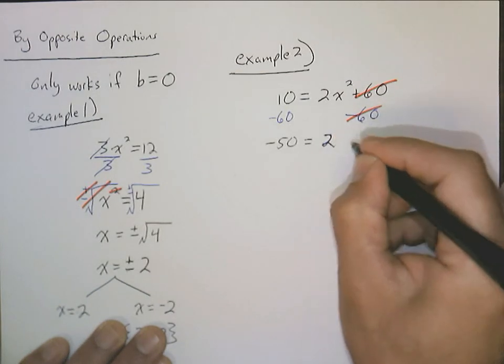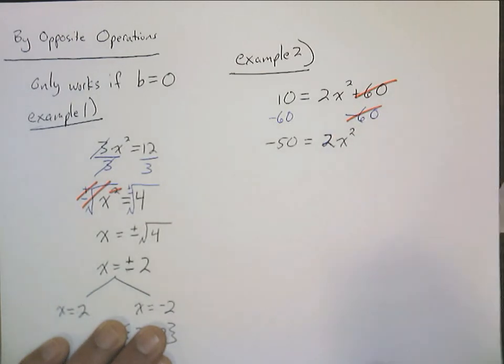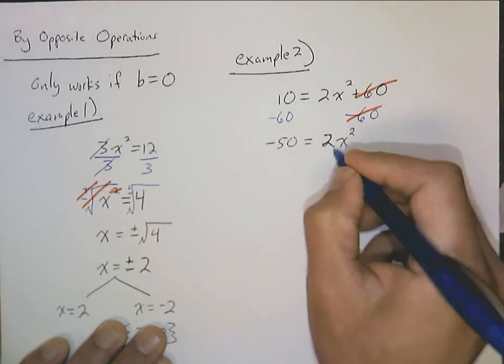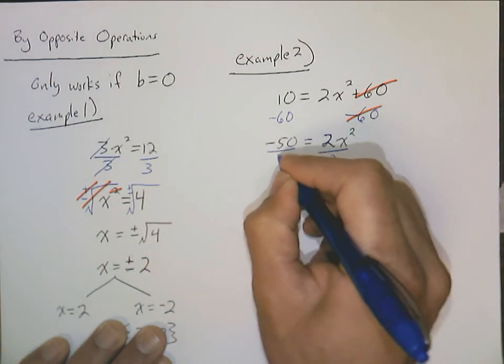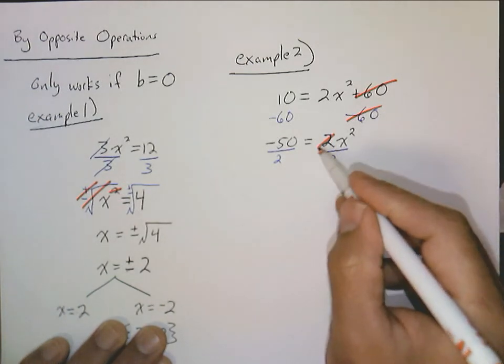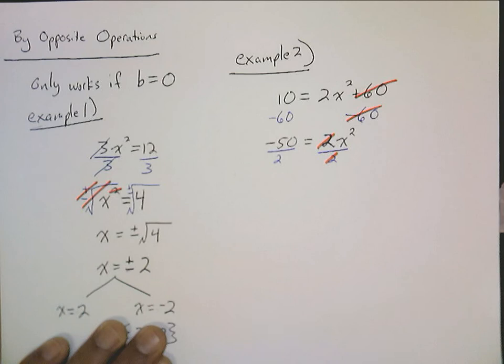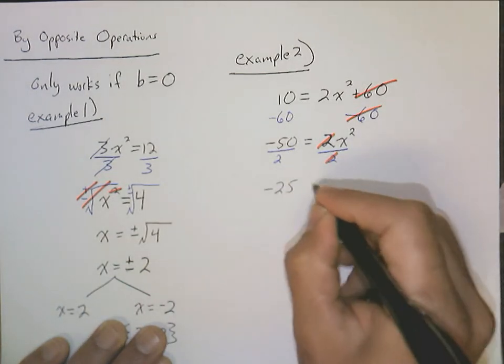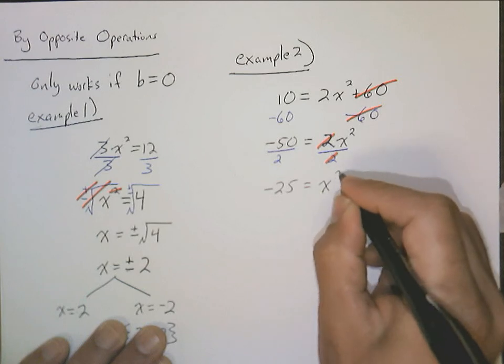Next, we undo this multiplying by 2 by dividing both sides by 2. So that those will cancel. Negative 50 divided by 2 is going to be negative 25.